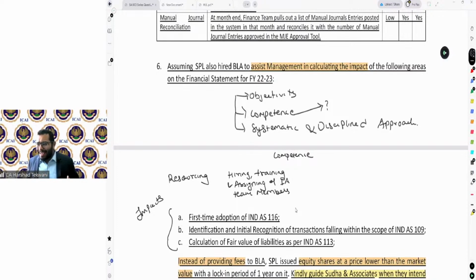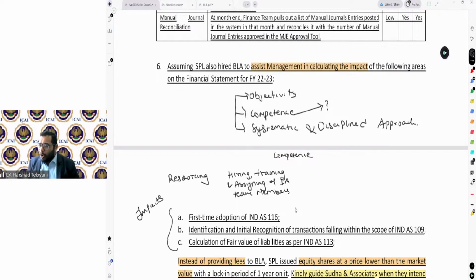For example, can I say, this is a very big company, so let's send three new people who have recently joined my advisory firm and start the internal audit? No, I cannot. I need a mix of experience and new team members, majorly experienced ones, who should have an understanding of internal audit plus the business. Second, as I said, competency is about attaining and maintaining the knowledge. That's why I have hiring plus training of the resource.